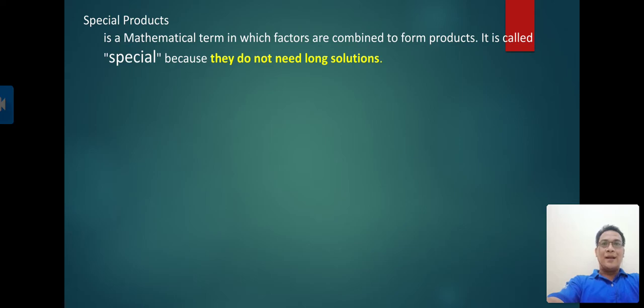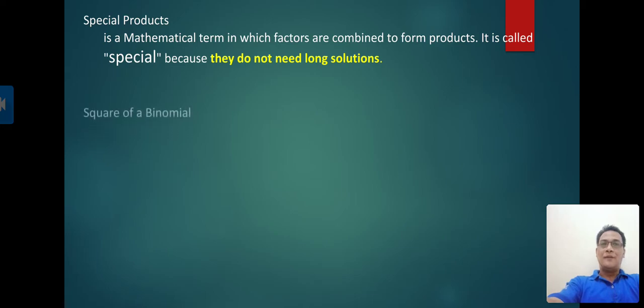Okay, so first we have to recall what special products are. When we say special products, it is a mathematical term in which factors are combined to form products. It is called special because they do not need a long solution, for they have their own pattern, or the so-called formula.